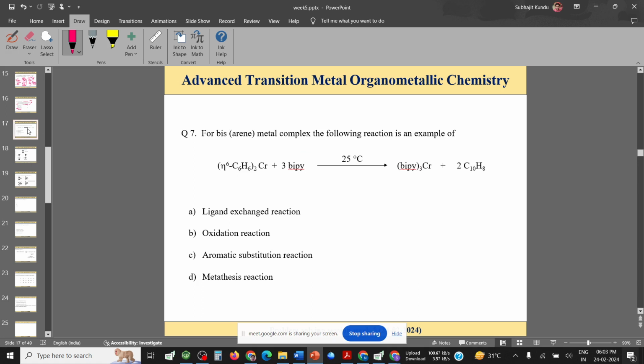With this, here is another question on the reactivity of the bis arene chromium complexes.